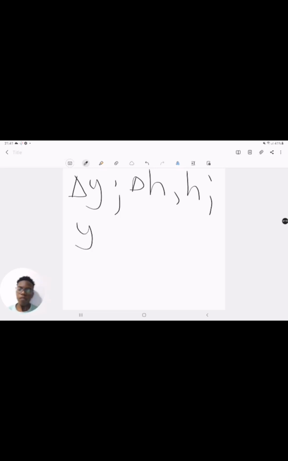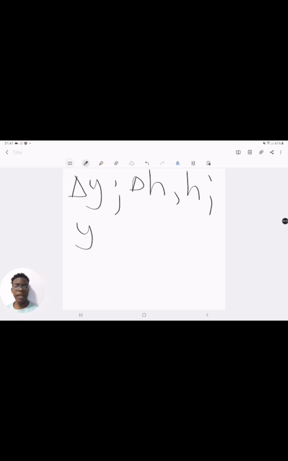The next parameter that I want us to look at is delta y. Okay, some people call it delta h, or some people actually call it h, or some people call it y. Okay, this is all the same thing, delta y or delta h or y. You can call it whatever you want to call it out of these four, right?